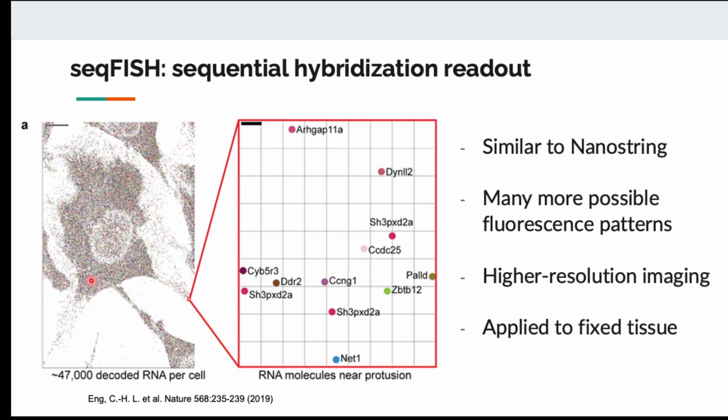So this is a cell, and each dot is an RNA that they can tag. So you can see how dense the information is. So you can think of the nanosync idea combined with Illumina sequential signal, combine the two together, and you get a way to visualize all the RNA inside the cell.